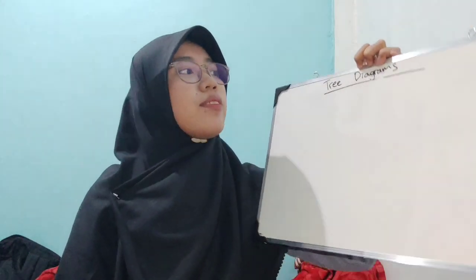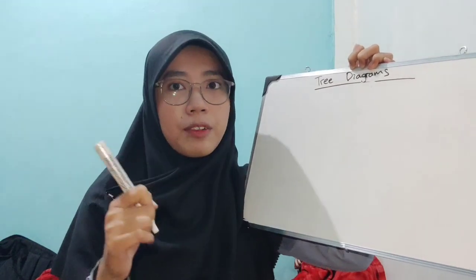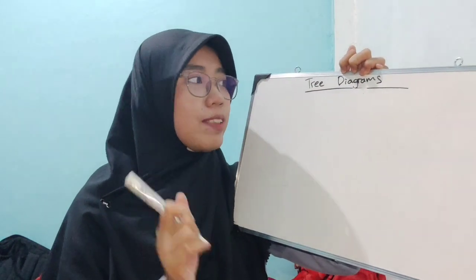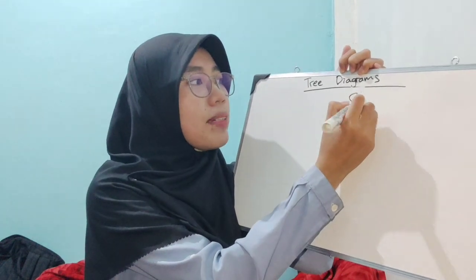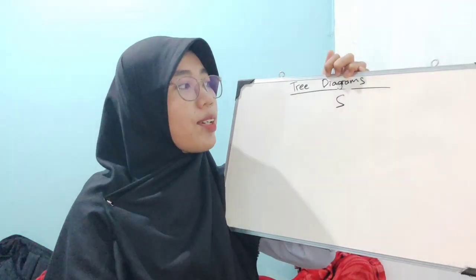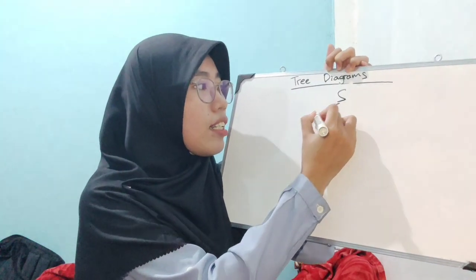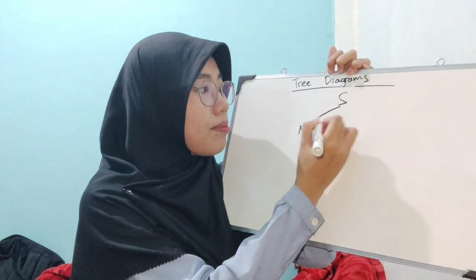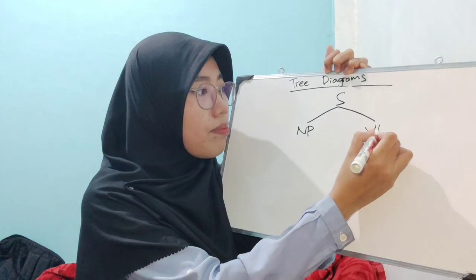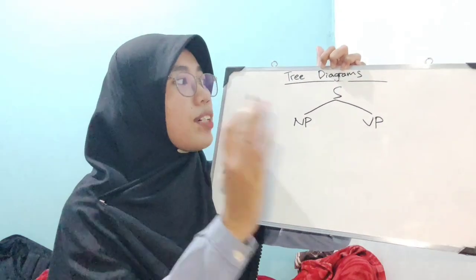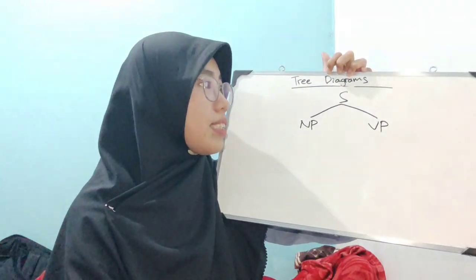Right now we will make a very simple sentence. At the top is sentence. Like what I said before, a sentence is made of two main things, that is a noun phrase and a verb phrase, right? First, we will make a noun phrase.